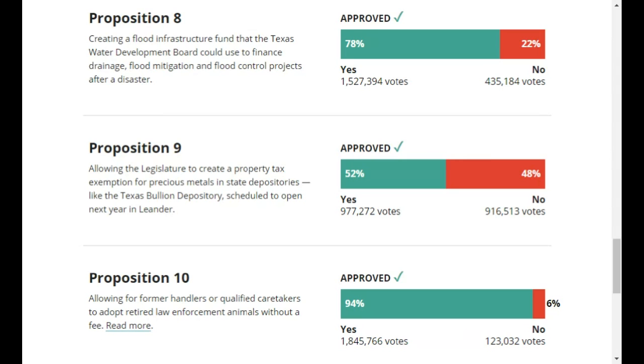So what this does is it says that if an animal is going to retire, their former handlers or someone who's qualified to take care of them can adopt them without a fee, minimizing the chance that they may be put to sleep. 94% approval. I have no idea why people would vote no on that, but this was pretty overwhelmingly a no-brainer for most people, right? You've got to protect the animals as well.